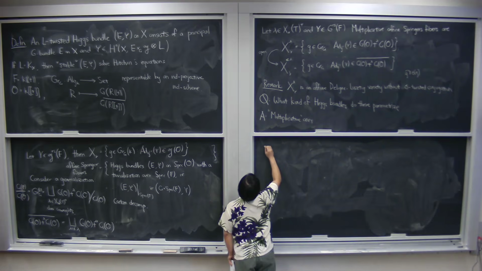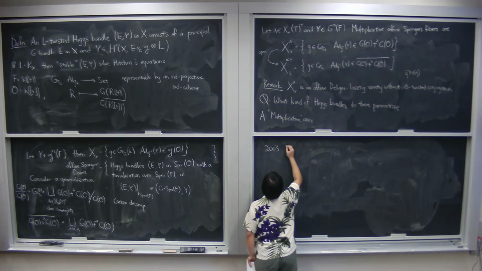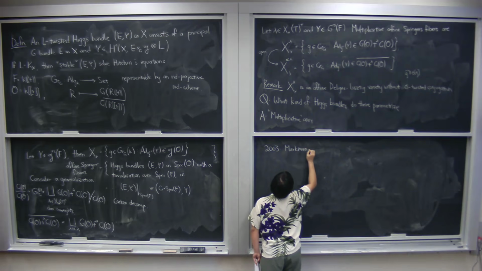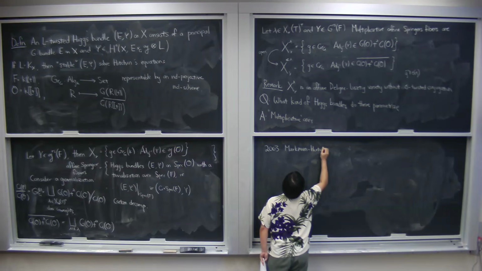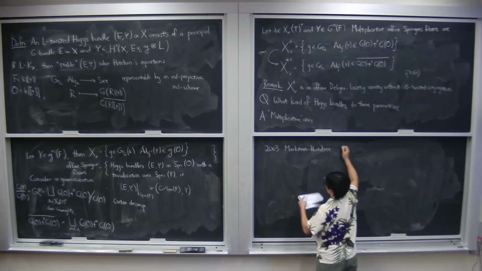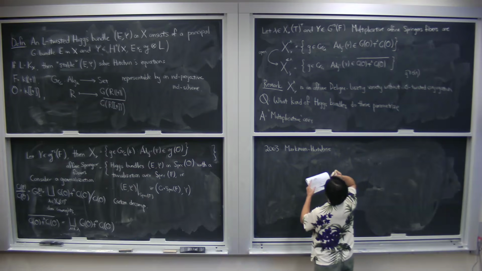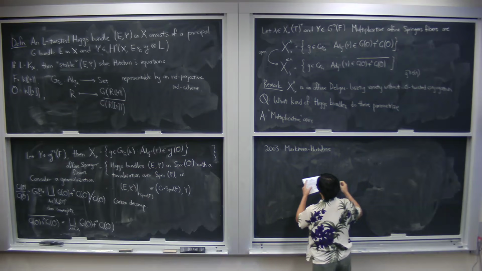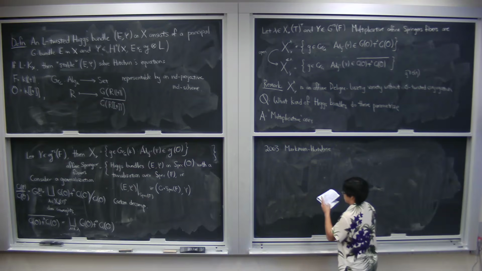So in 2003, Markman and Hurtubise were the first people to study multiplicative Higgs bundles, but it didn't look the way that it looks now. So they define what they are.